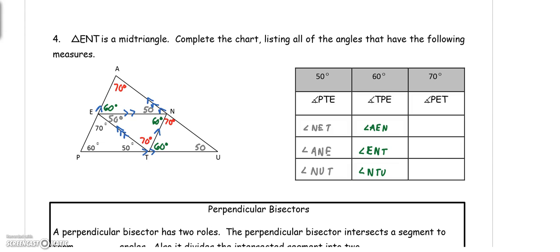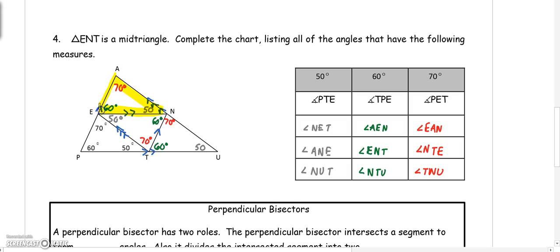My 70 degree angles are angle EAN, angle NTE, and angle TNU.